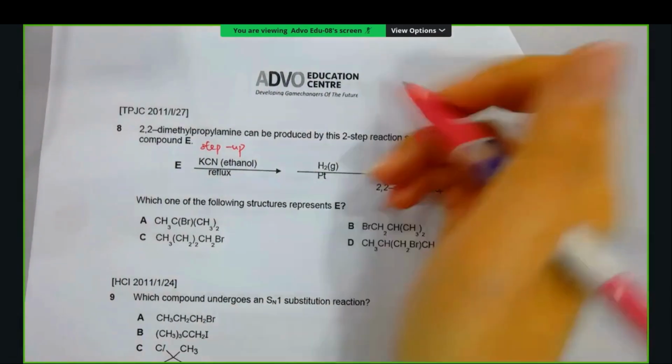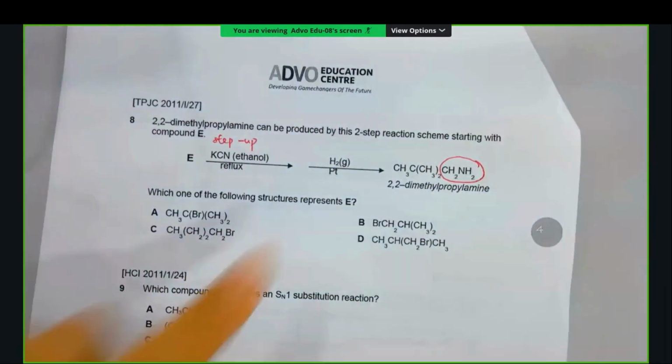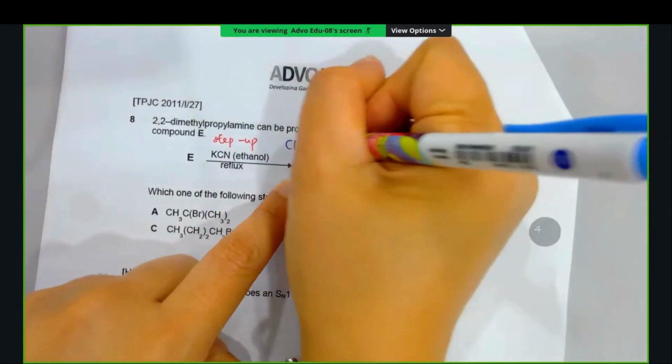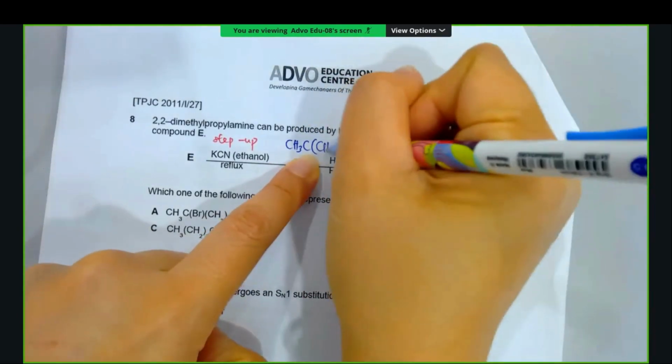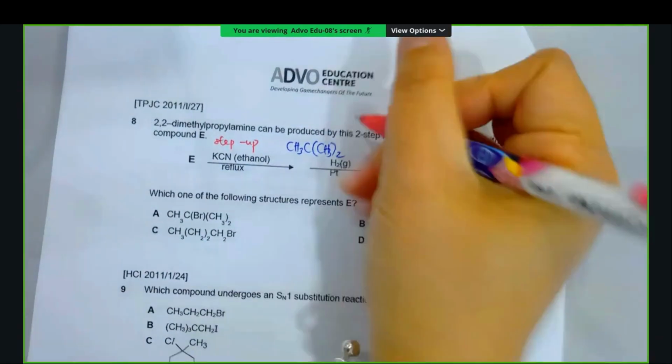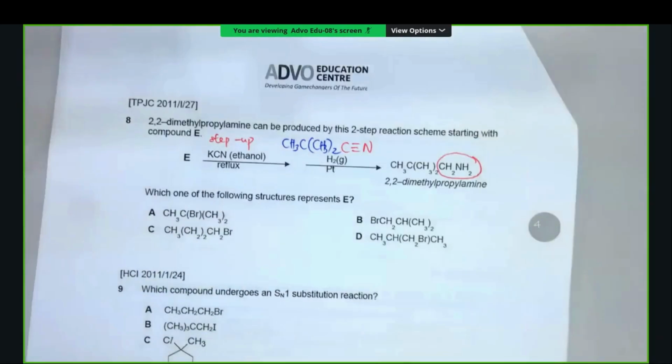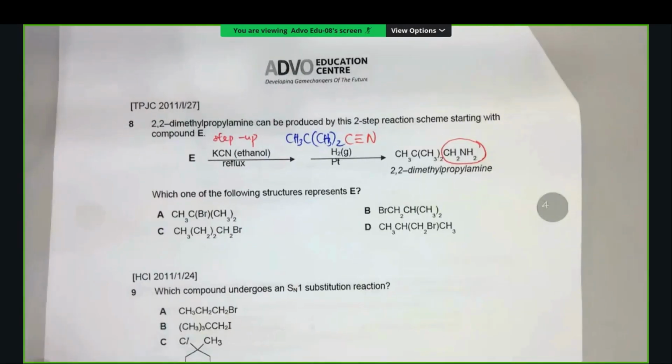CH2NH2, when you convert back here, it should be CH3, then C with a CH3 and then C triple bond N. Understand? Remember just now we did the flow chart? So now I'm facing backward. Then after that, for your E, just replace C triple bond N with any of the halogens. So which one does it look like?